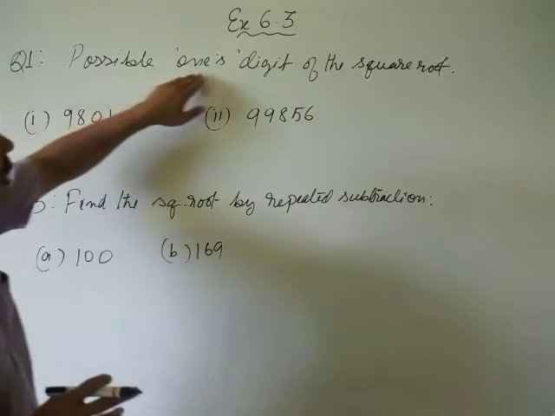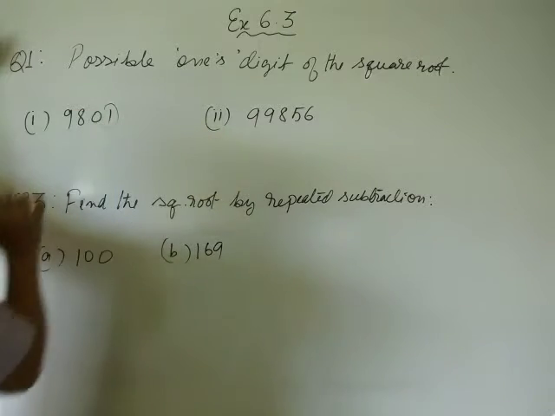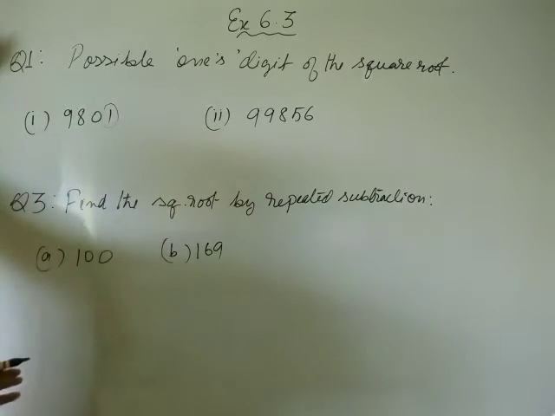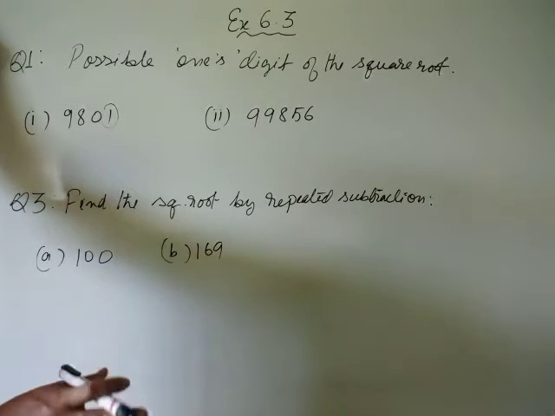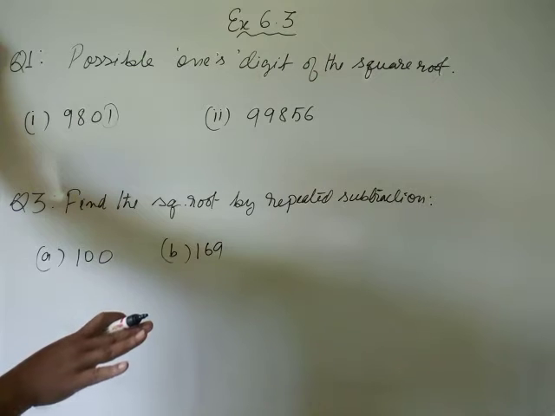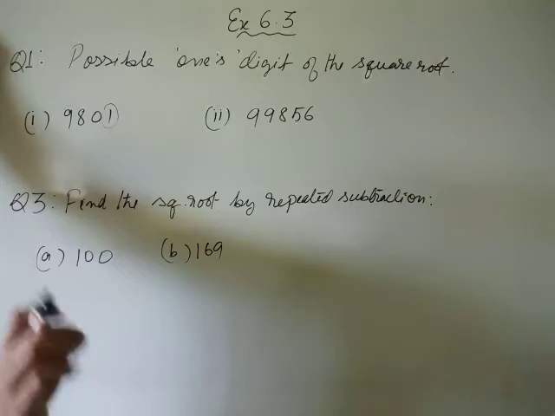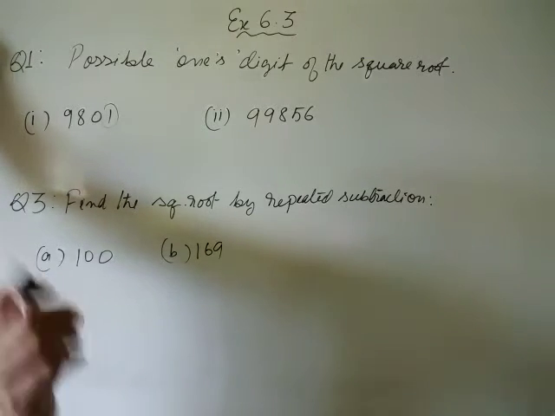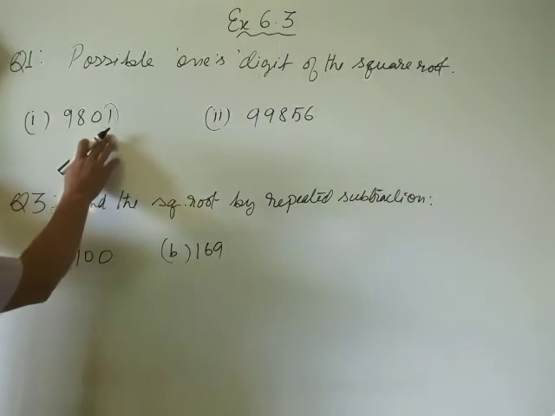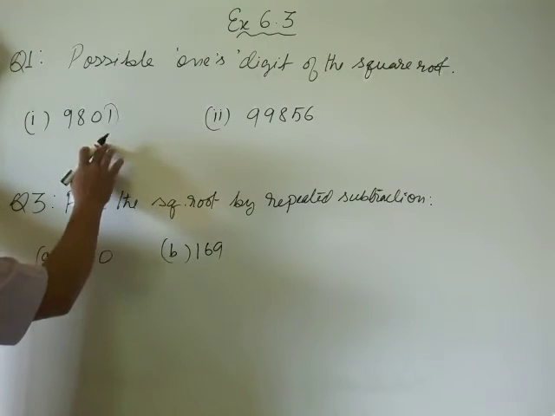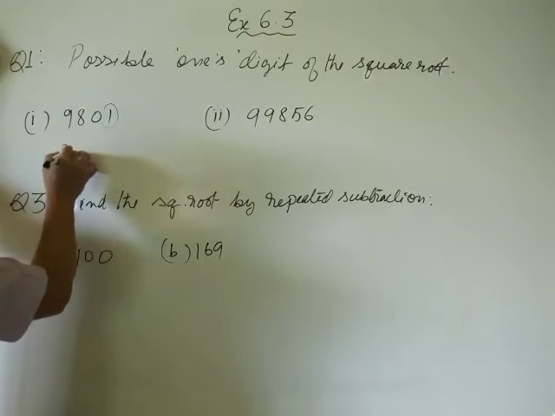So what is the possible one digit here? You see what is the number in the ones place of this number? In the ones place, the number is 1. Because 1 is in the last digit of this number, the digit in the ones place of the square root also will be 1. The possible digit is 1 because 1 square will be 1.